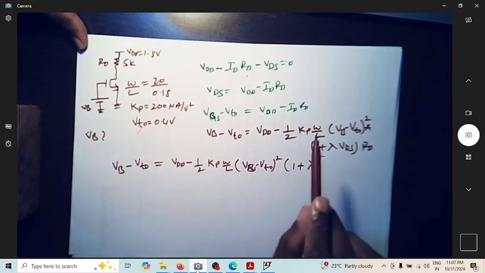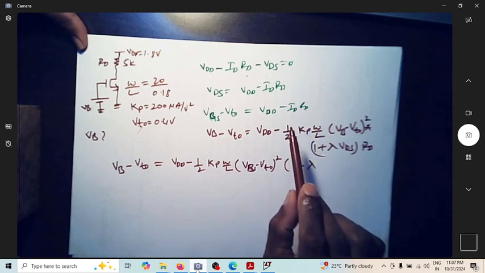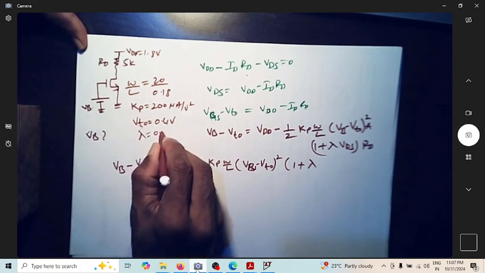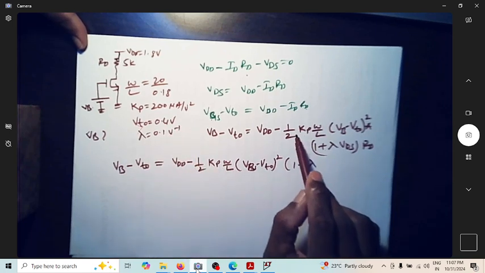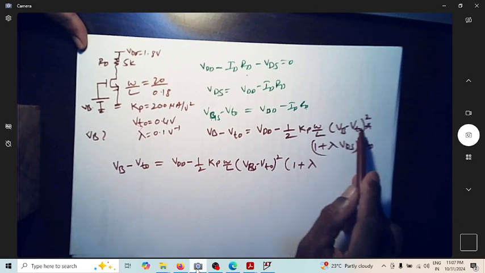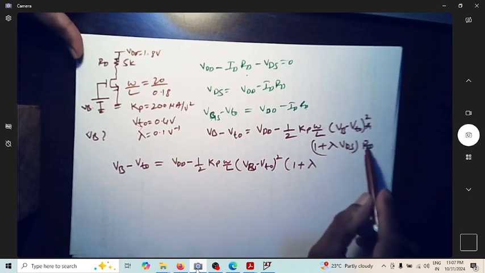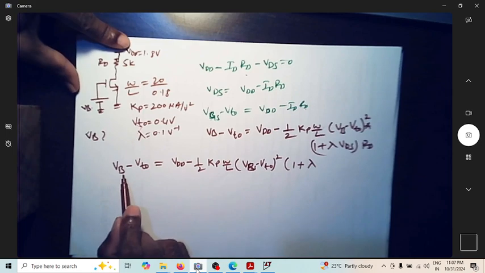RD. So let me substitute the value of ID, since we are considering lambda also into the picture, which is 0.1 per volt. So the expression of ID becomes half Kp W/L (VGS minus VTO) whole squared into (1 plus lambda VDS) into RD. And then I am rewriting the same thing here.